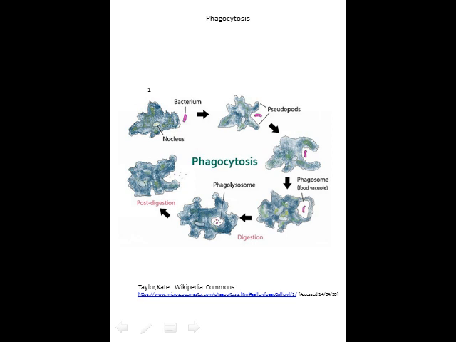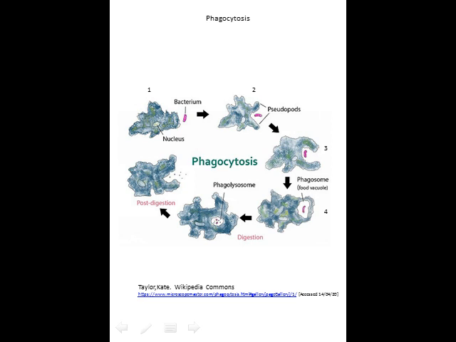The immune cell closes in on the bacterial cell and starts to surround it in step 2 with extensions of its cell membrane. And that process continues in step 3 until the bacterial cell's completely surrounded. And it's now enclosed in a little vesicle made of the cell membrane of the immune cell.